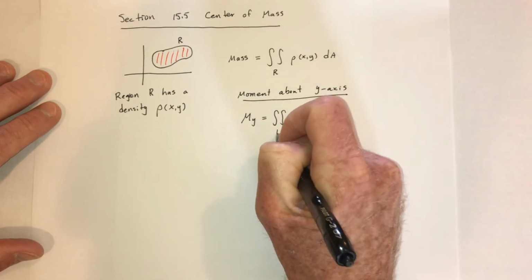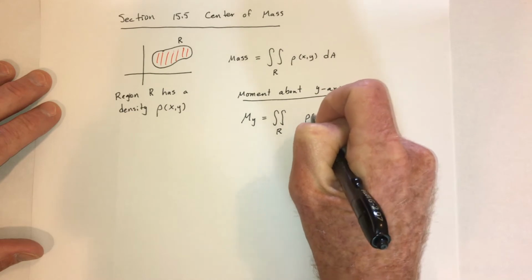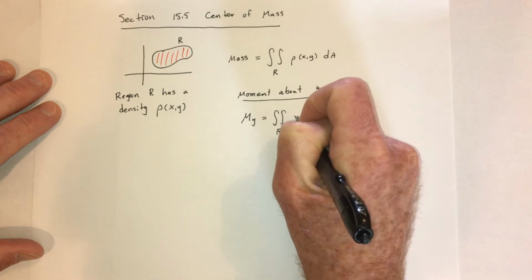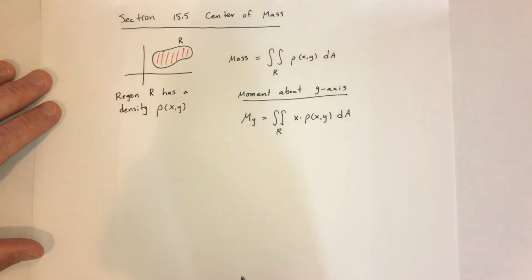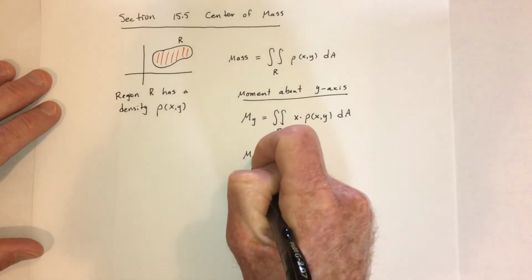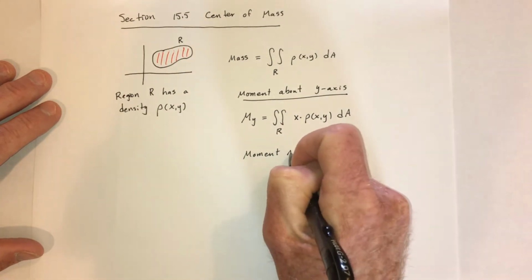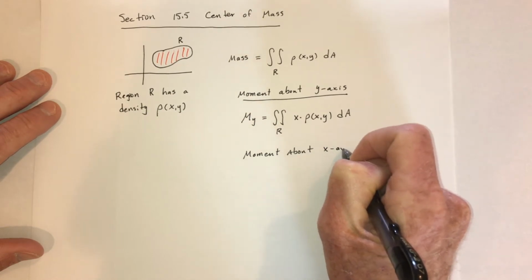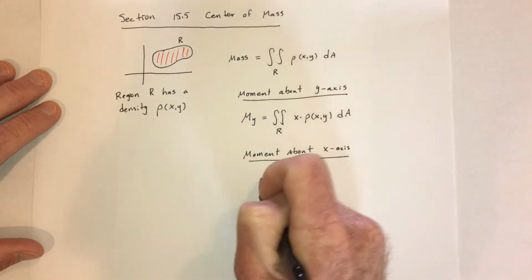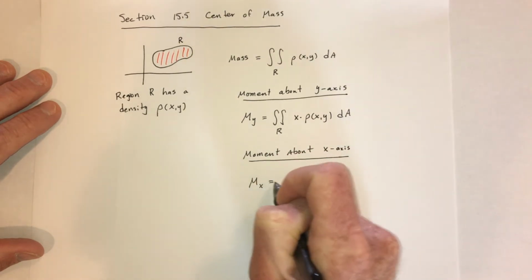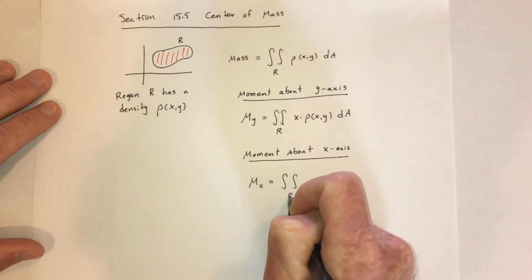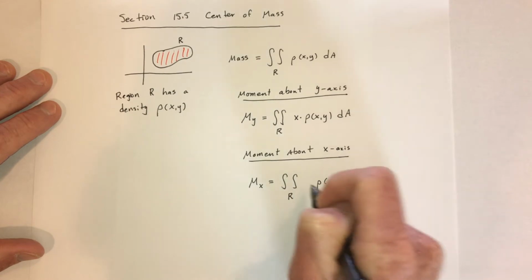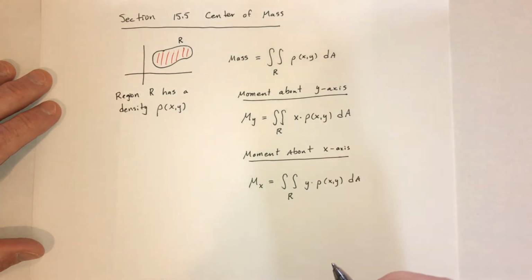And then you do the exact same double integral, except this one is multiplied by x. Then the moment about the x-axis, so that is called mx, and that's going to be the exact same integral, except it's multiplied with y.